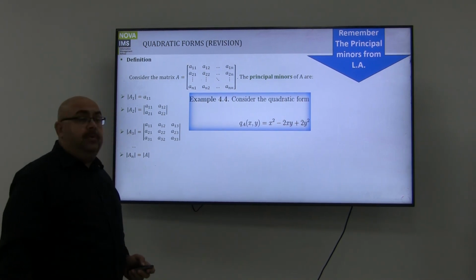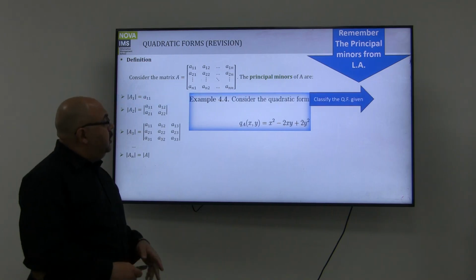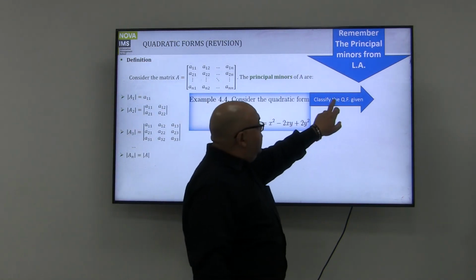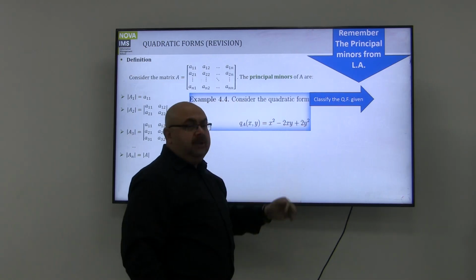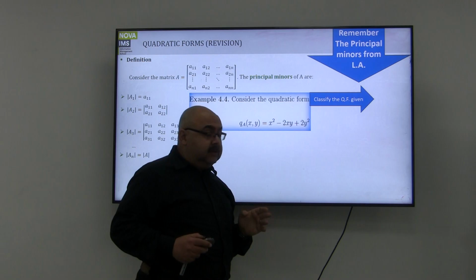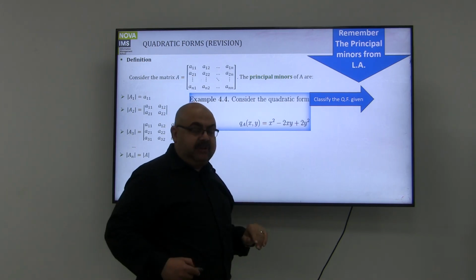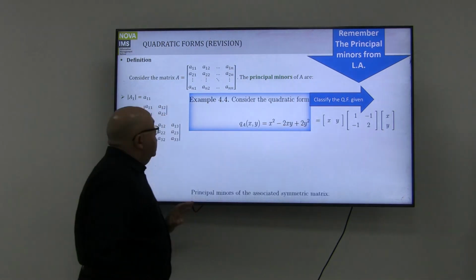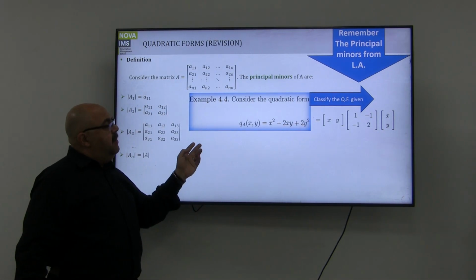So let's go through this, trying to classify this problem. He wants you to classify the quadratic form given by x squared minus 2xy plus 2y squared, which means all I have to do now is to get my matrix. So I will start these steps by getting the principal minors of my quadratic form.